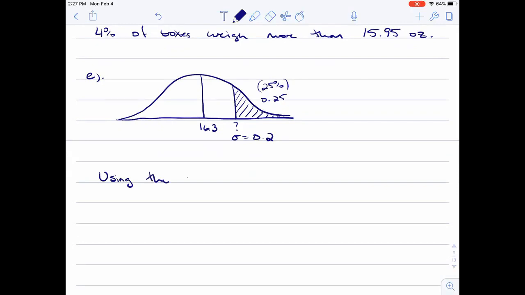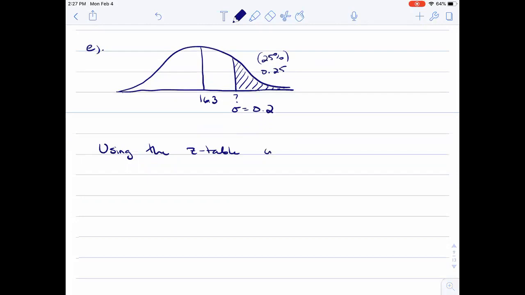Using the Z table, we find the table entry closest to 0.75 is, well, now I've got to do the work. But that much you can just write out without doing anything.